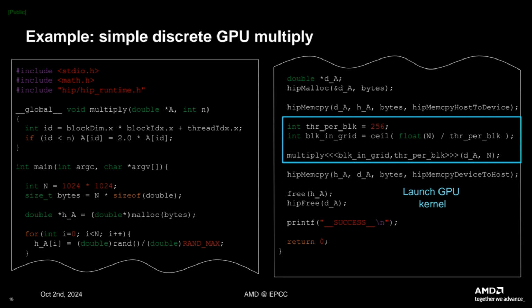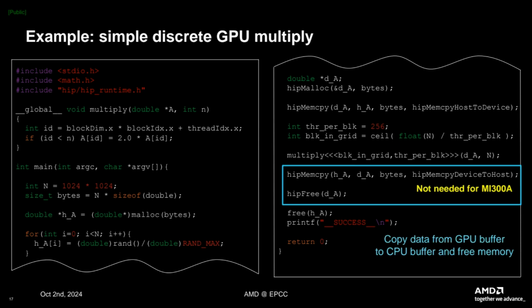In this case, the blocks in grid definition is using the size of the array, which is capital N. In this way, we are making sure that we have enough threads. We may have more than we need, but the important thing is that we have enough to make our computation. Then we are launching the multiply kernel, which is getting as arguments the array and the size of the array, as well as the grid dimension.